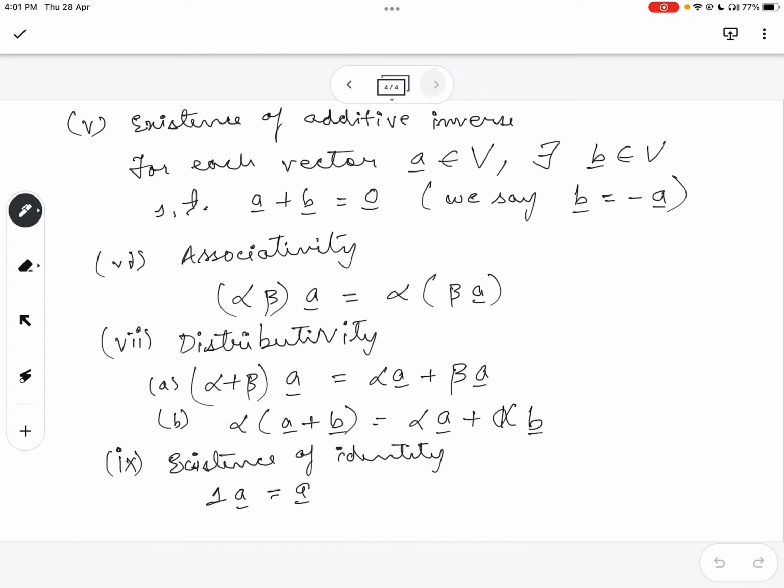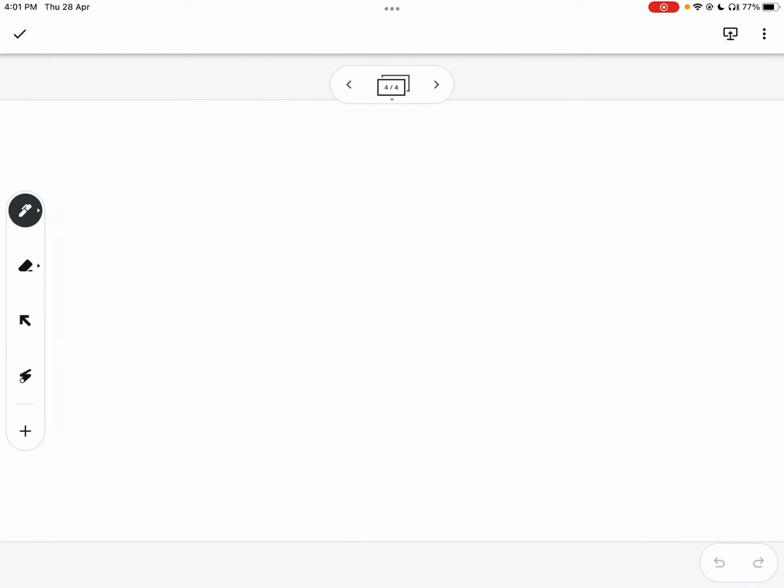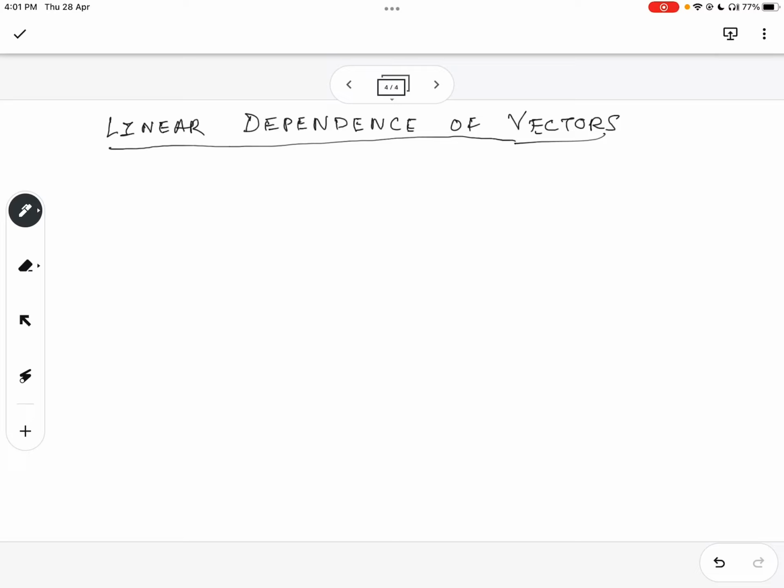Now we'll look at the linear dependence and independence of vectors. So what does a set of vectors being linearly independent or dependent mean?